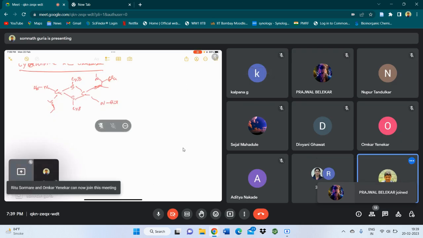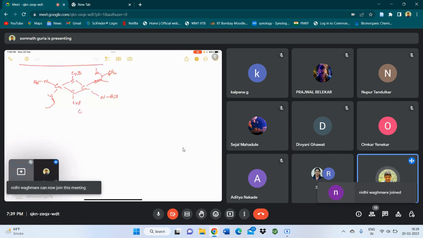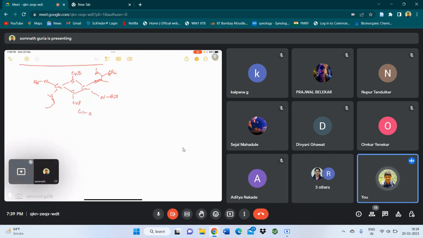Okay, this is known as the copper A, and it also has an iron center, an iron porphyrin center, Fe with N, N, N. In the porphyrin, I will always prefer to use the cartoon structure.